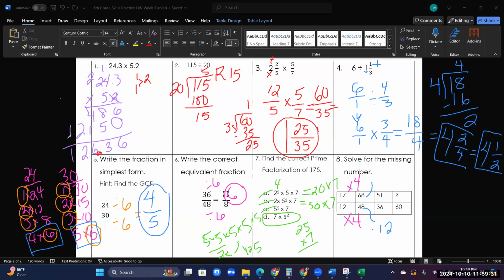And 68 minus 17 is 51. Thirty-six plus 24 will give us 60. So we're gonna do the same up top. So 24 plus 17 will give us 41 for the missing number.